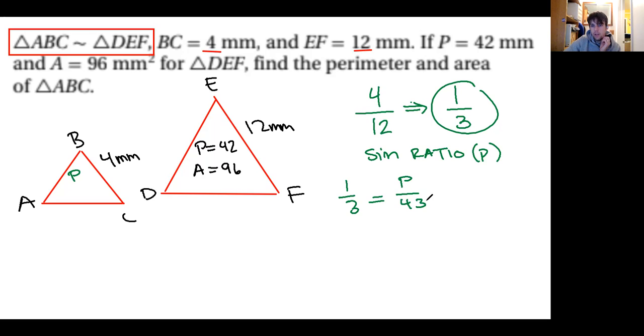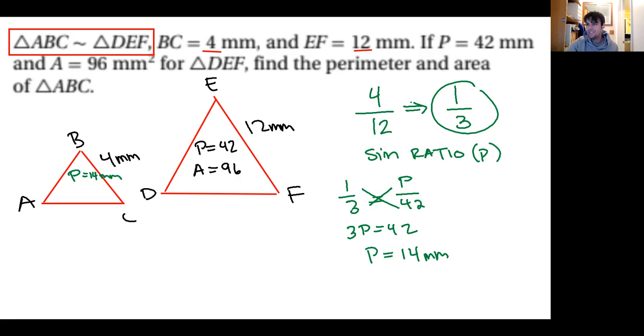And then, sorry, it should be 42. Did not write that down correctly. And it just becomes a matter of solving this, cross multiplying. 3P equals 42. So P equals 14. So 14 millimeters.